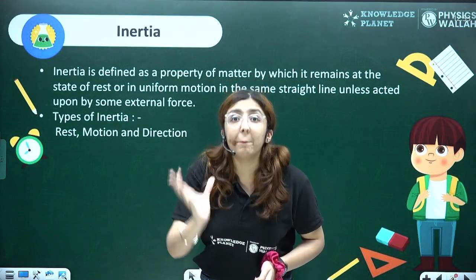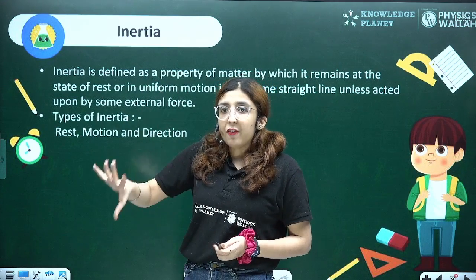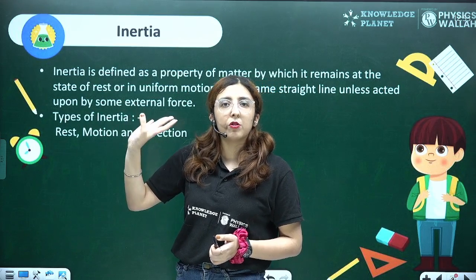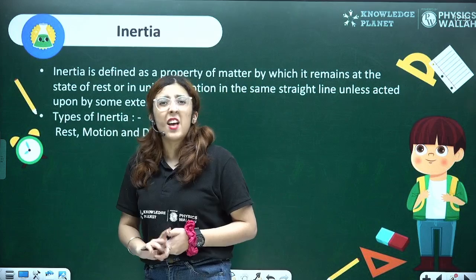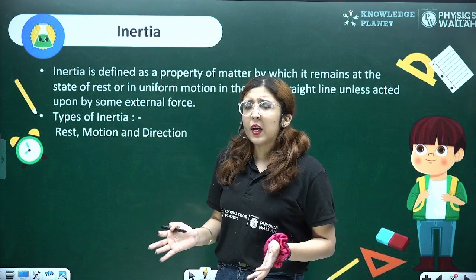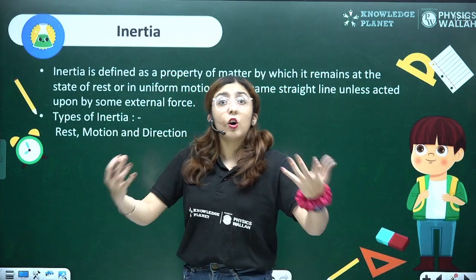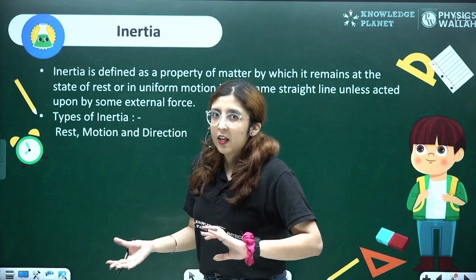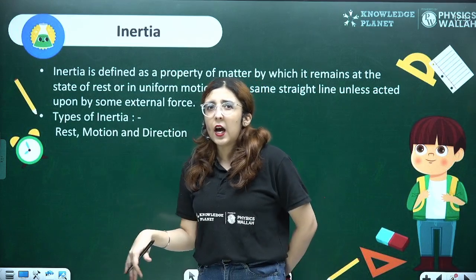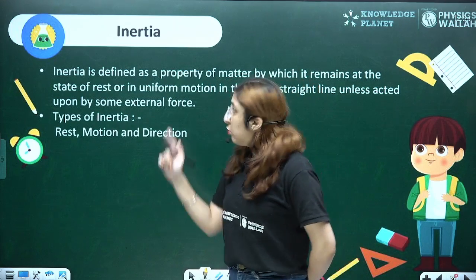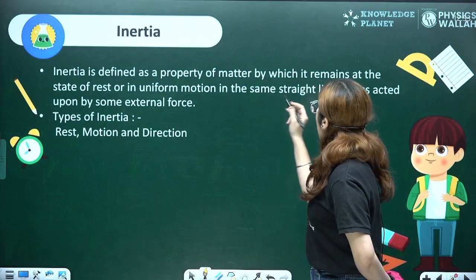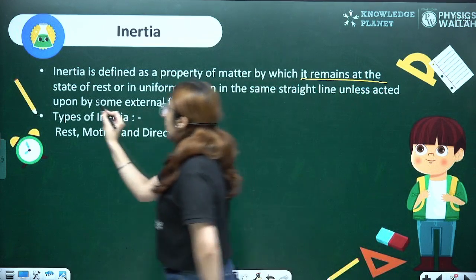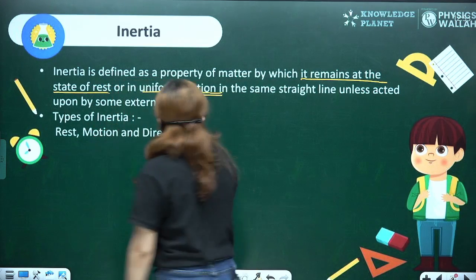Inertia is a property. If anything is at its position, the body wants to be there at its position only. A body at rest wants to remain at rest, doesn't want to change. So inertia is a property of matter by which it remains in the state of rest or in uniform motion.